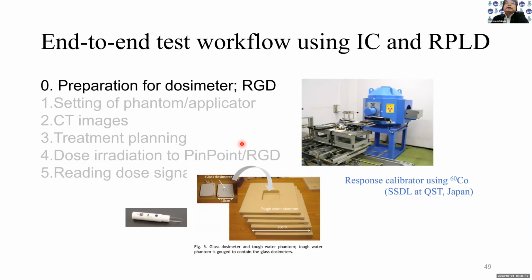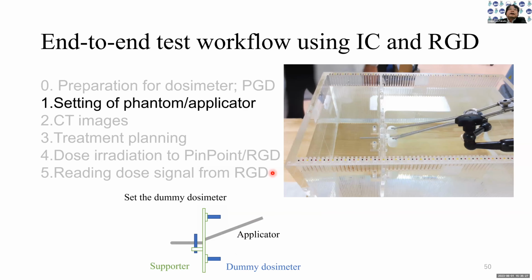For the preparation of the dosimeter, the response calibration was done using our cobalt 60 source. And for setting the phantom and applicator, we developed a phantom like this, and we can set the applicator near like a clinical situation like this.